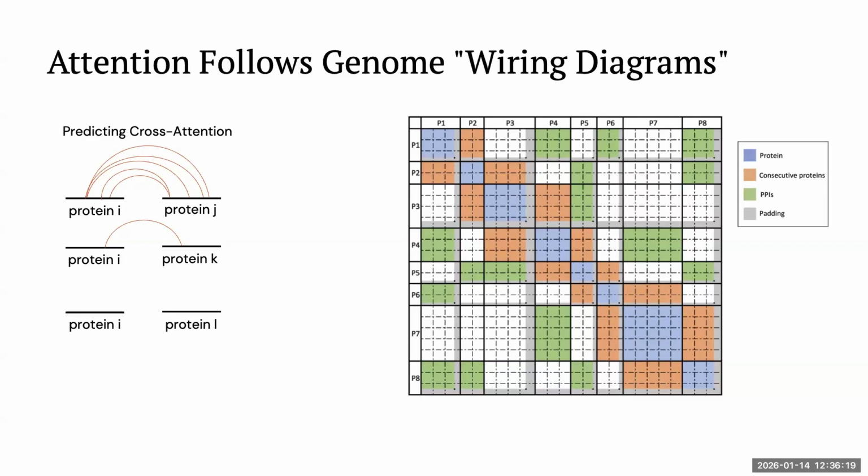So for example, P1 is in relationship with P4 and also with P8 and P6, so we're going to include them in this concept of cross-attention. Everything that is colored here is where the computation is going to occur. Everything that is white is where the computation is not going to occur. We don't care about it. We're going to save space and save time by not doing it.